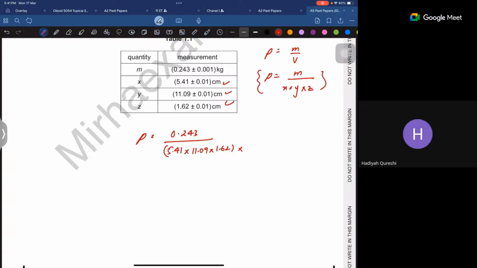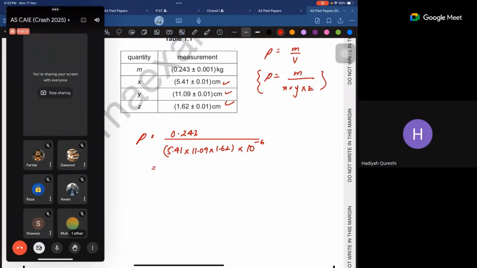And then what you've got to do is multiply by 10 raised to power minus 6. Why you have to multiply by 10 raised to minus 6 is because you had to convert it. Each one gets divided by 10 raised to power 2. There are three values being multiplied, so you can do this or do it manually.